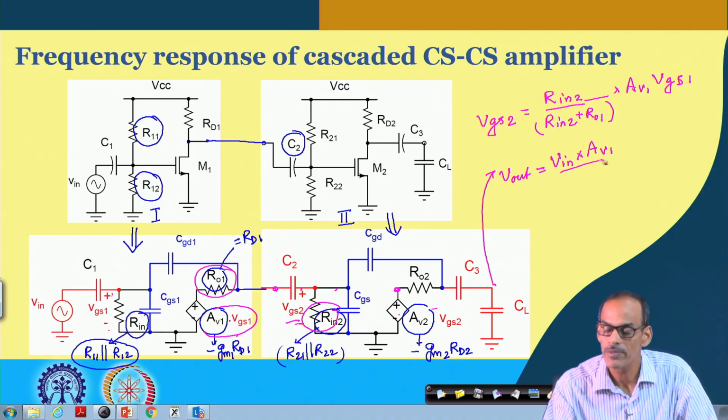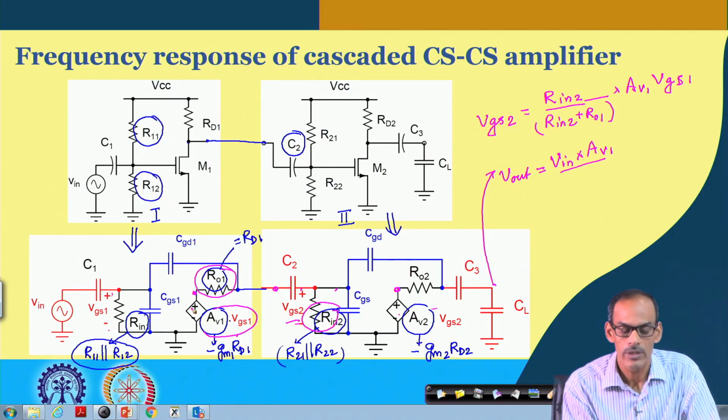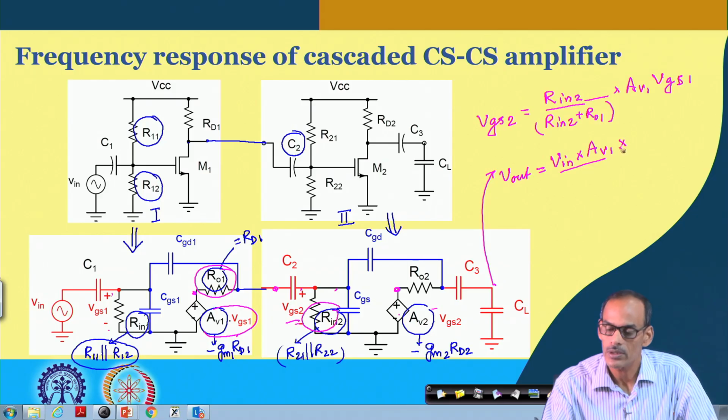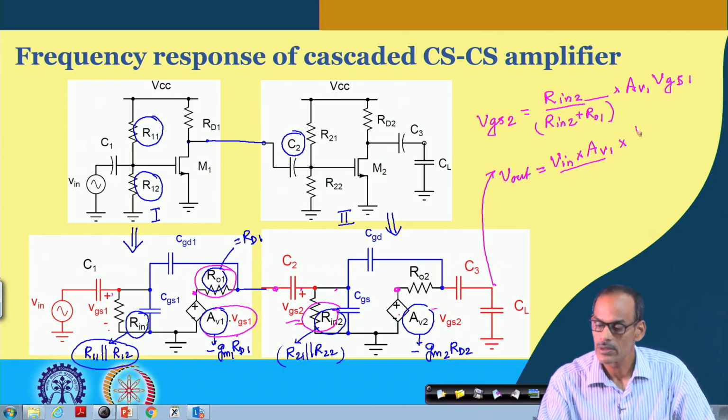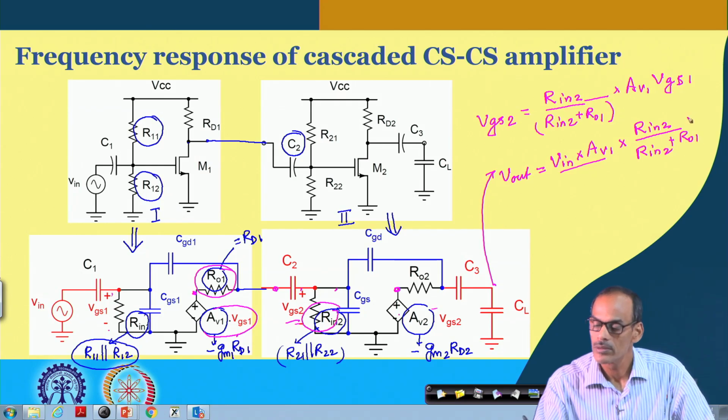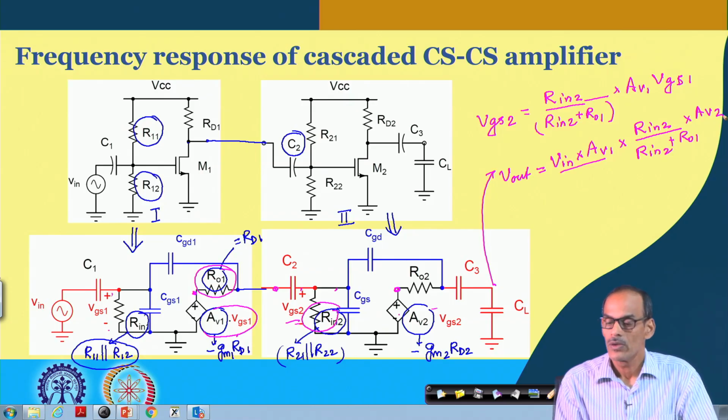So this gives the voltage coming here, and then we have the attenuation factor Rin2 divided by Rin2 plus RO1 multiplied by AV2.